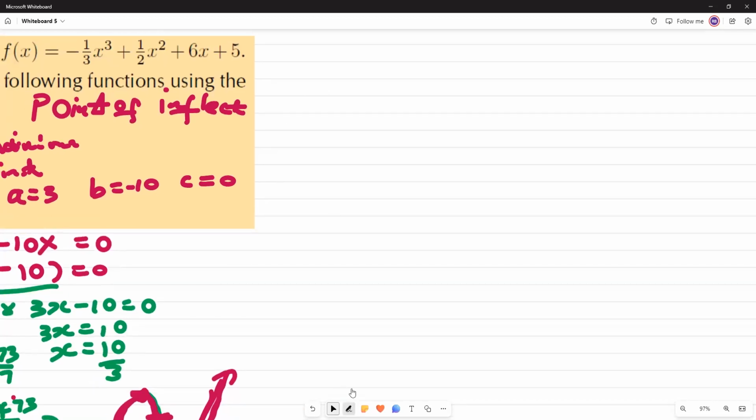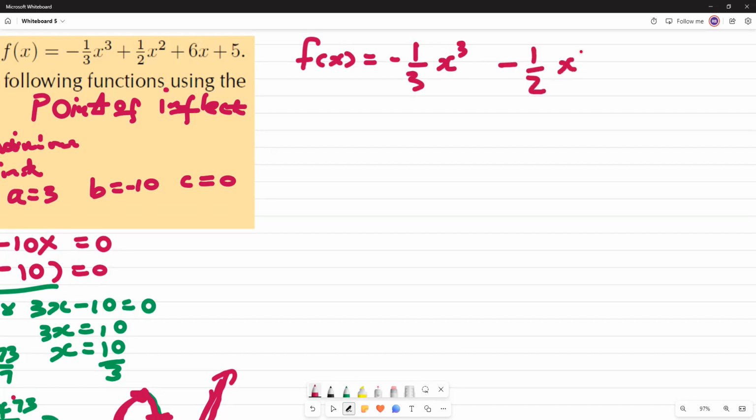So this one, we have f of x equals negative 1/3 x cubed minus 1/2 x squared plus 6x plus 5, right? And then we're looking for the turning point. Remember, I said for the turning point, we need to do the first derivative, right?